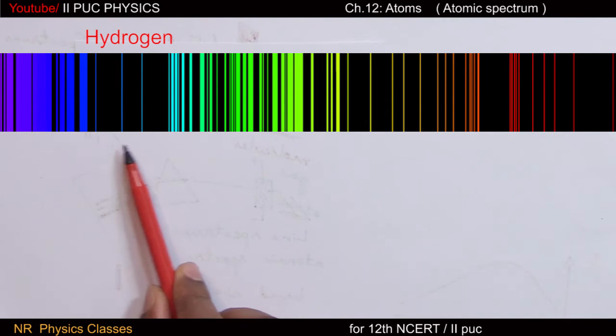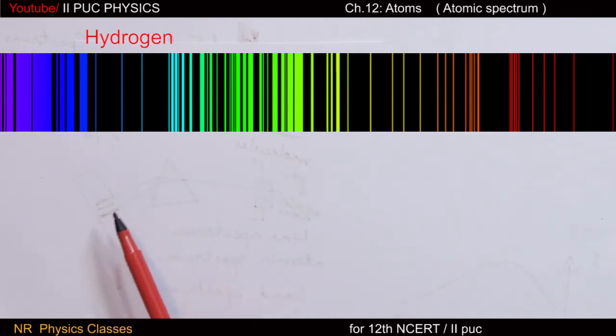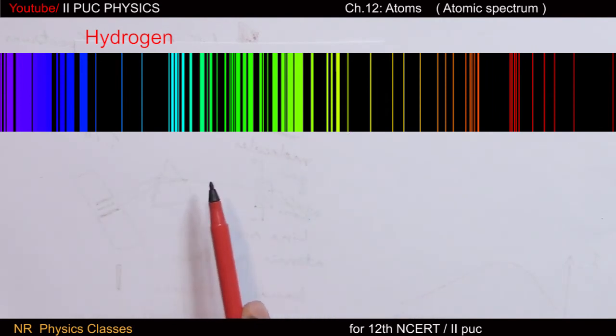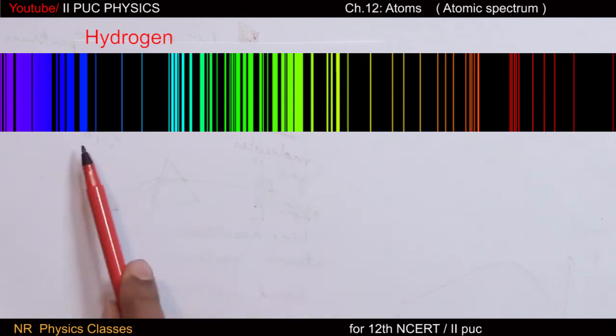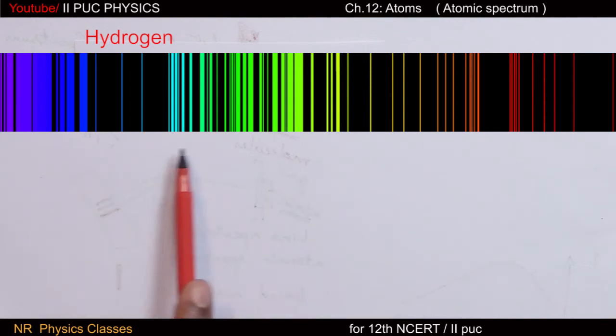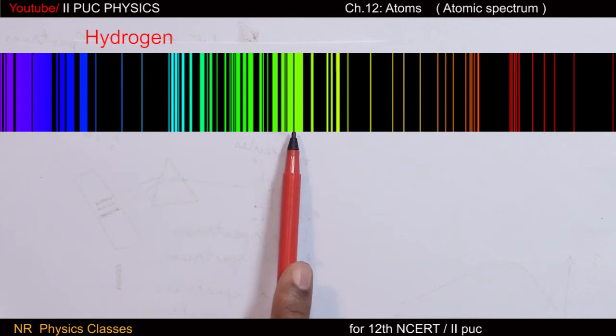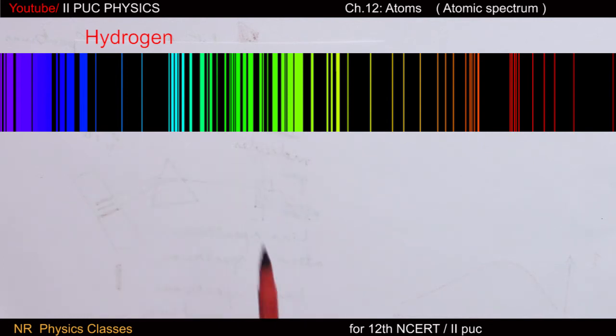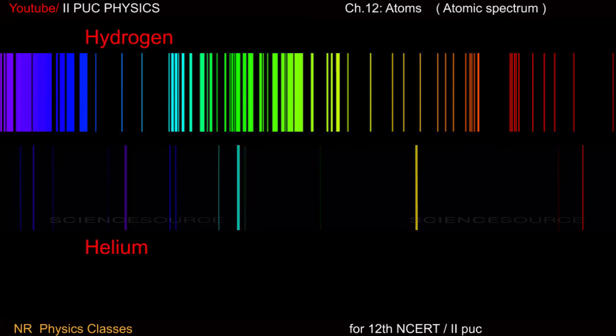This is spectrum of hydrogen. Students, can you guess the nature of spectrum or the type of spectrum? Dark background, bright lines means emission spectrum, line emission spectrum. This is another line emission spectrum of helium.